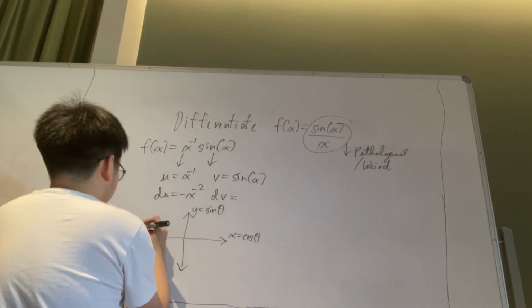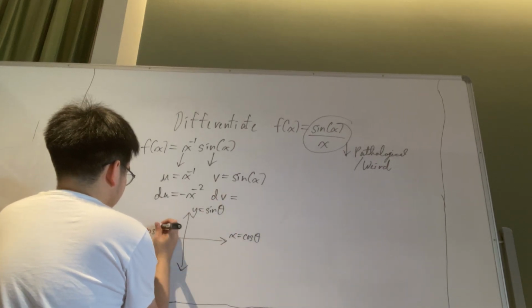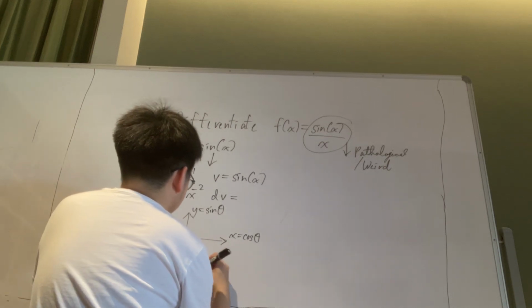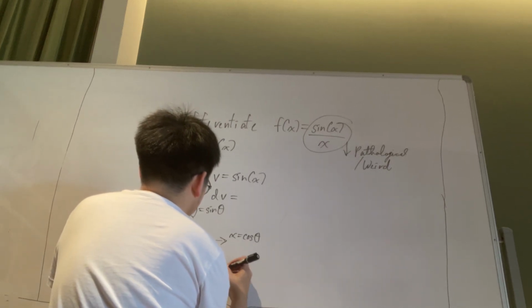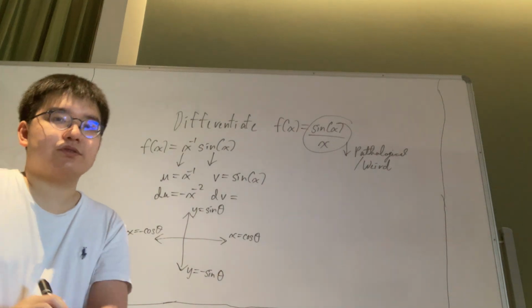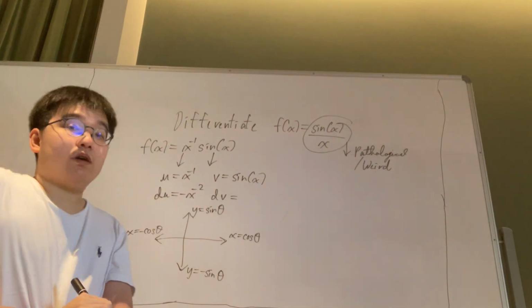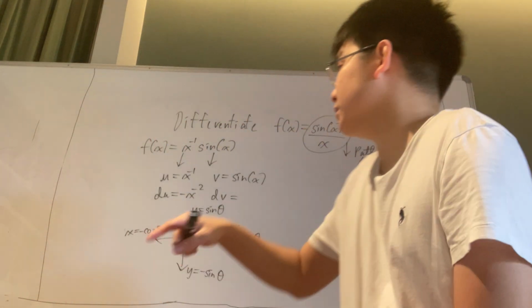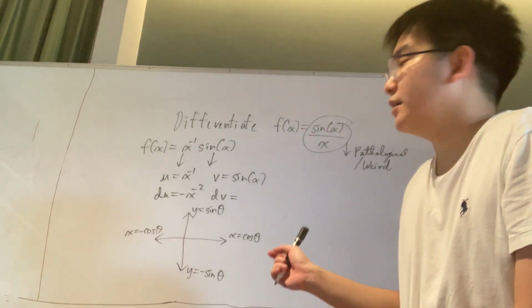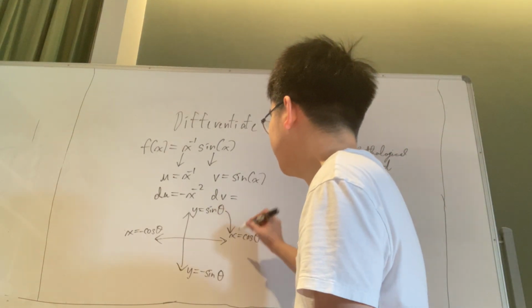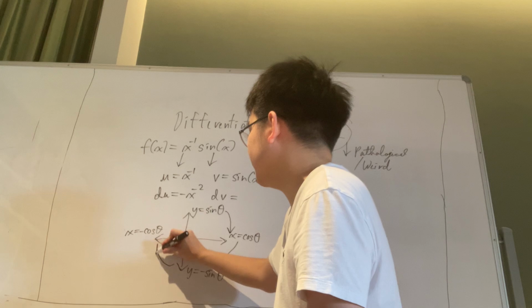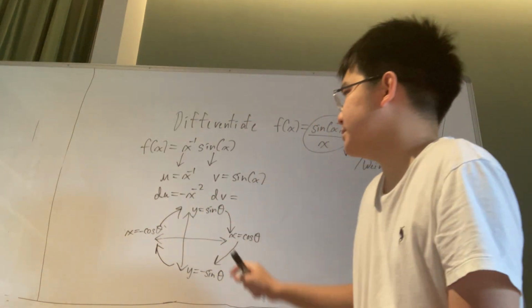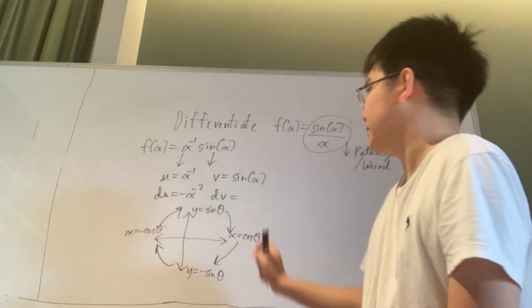This is x equals minus cosine theta, and then this is y equals minus sine of theta. When you're differentiating a trigonometric function, you will always be rotating clockwise. So going from this to there, this to here, this to there, and this to there. So the derivative of sine of x is just going to be cosine of x.